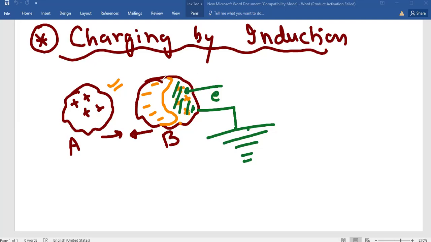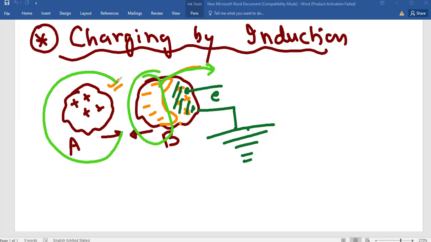Earth will also try to pull this excess electron cloud towards itself. But since these electrons are held strongly by this body, the ground cannot do anything with the negative cloud.